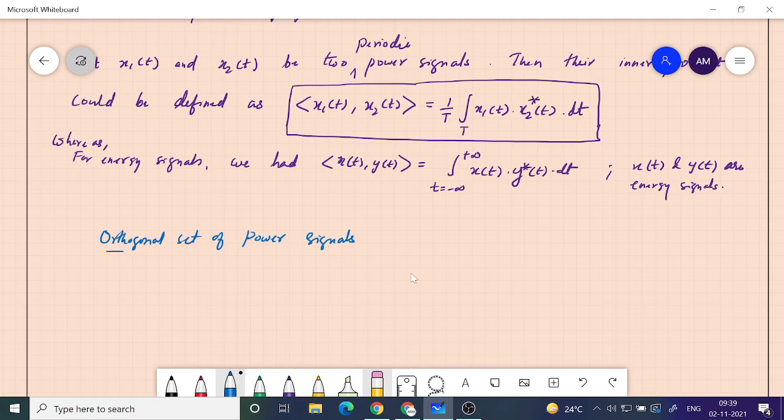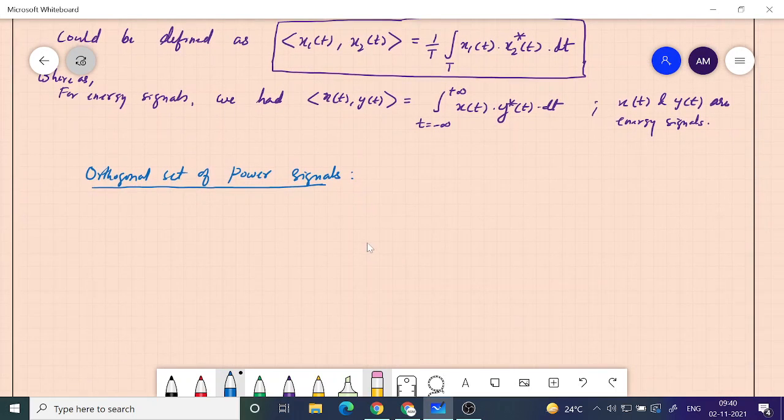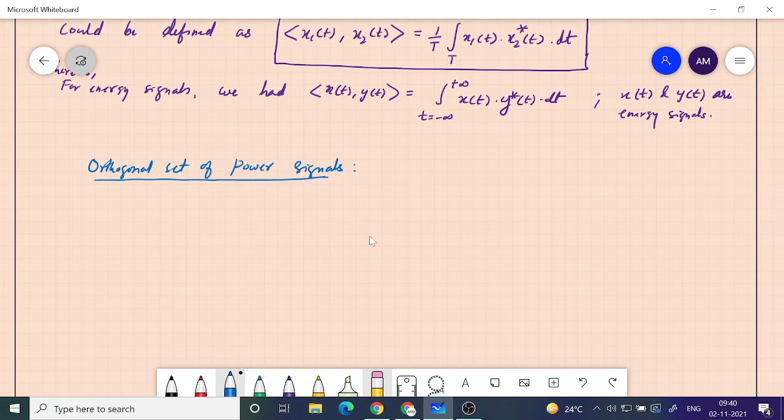Fourier series will come as an example of this. It is not just Fourier series; you can apply it to any power signal. Sines and cosines are signals which are power signals. That is why I said that they will come under this category. So, an orthogonal set of power signals.